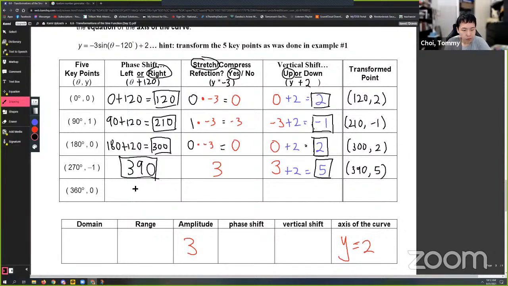And our last one, you get 480. You'll get 0, and then we get 0 plus 2.